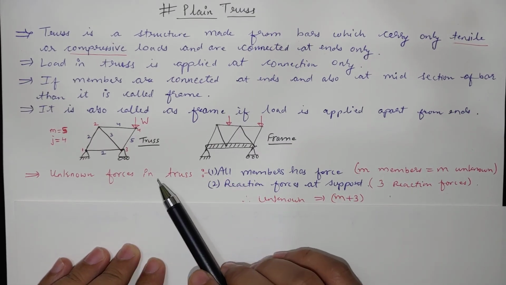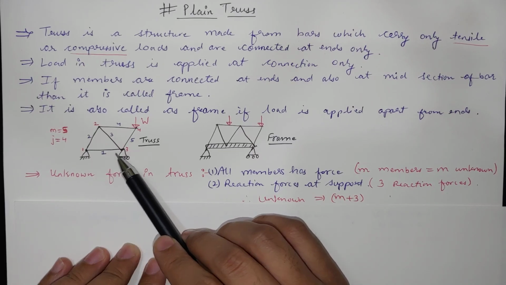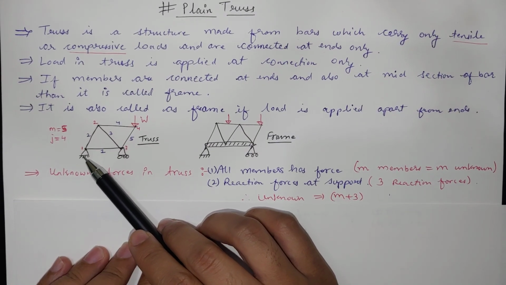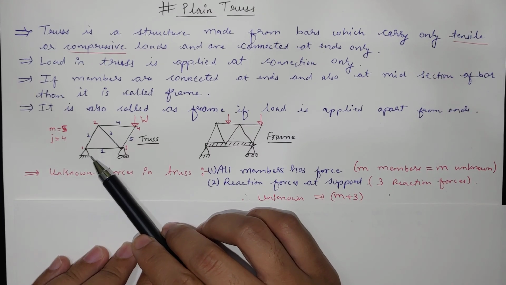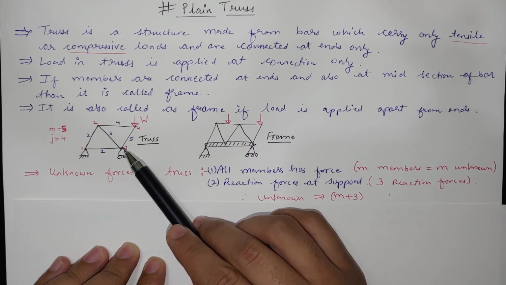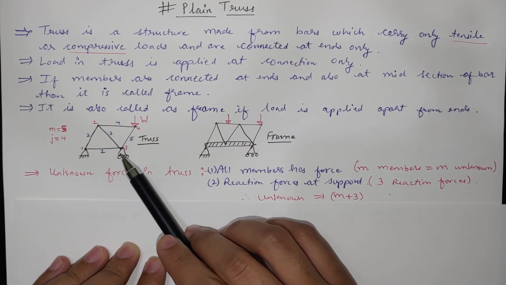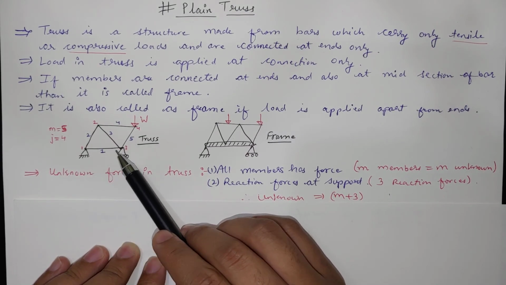So unknown forces in a truss: there are members and there are reaction forces at the support. This is a fixed support where we have two reactions, one vertical and one horizontal. In a roller support we know that horizontal reaction does not occur, only vertical reaction will be there. So at supports there will be three unknown forces, two vertical and one horizontal.